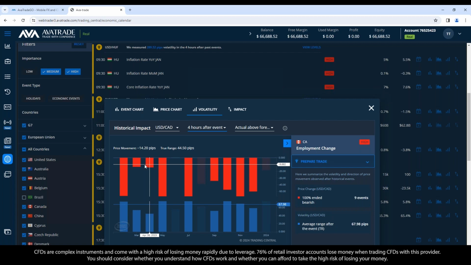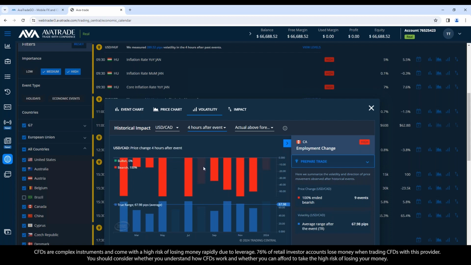So you have to be cognizant of what entry point you can catch. Even if you expect it to move downward the majority of the time, if it already moved 30 or 40 pips, maybe you don't get in. If it's moved less, 5 pips, 10 pips, maybe you're interested in seeing if this type of movement carries out over the next few hours.